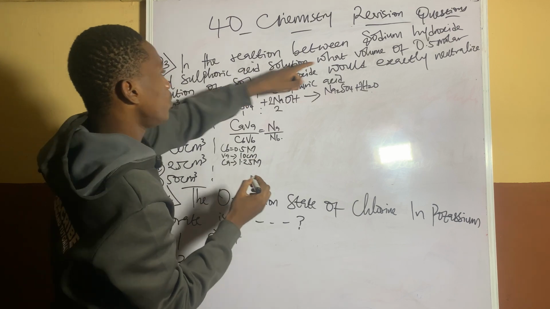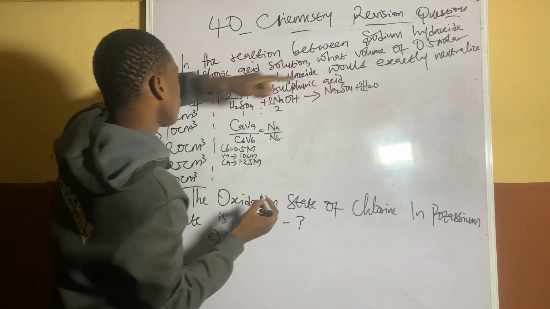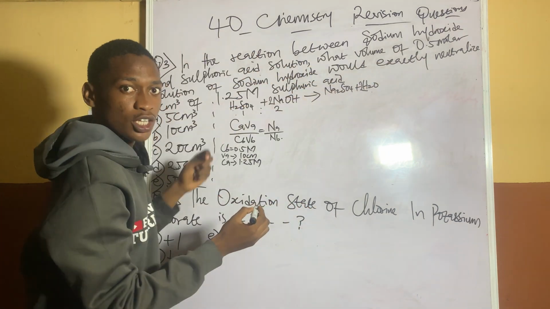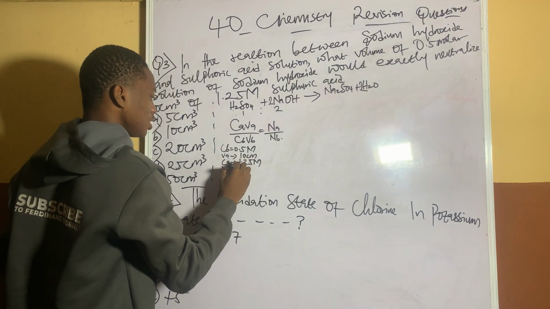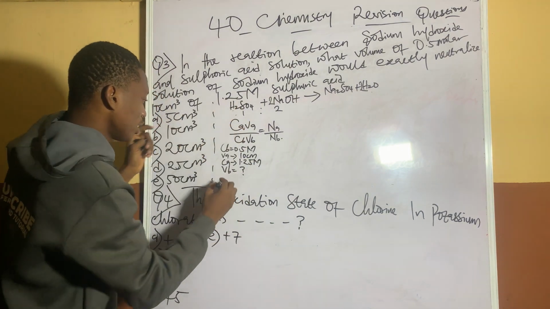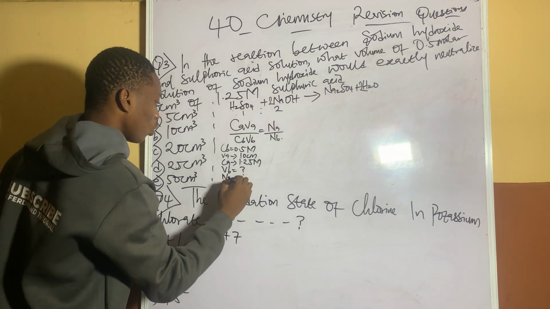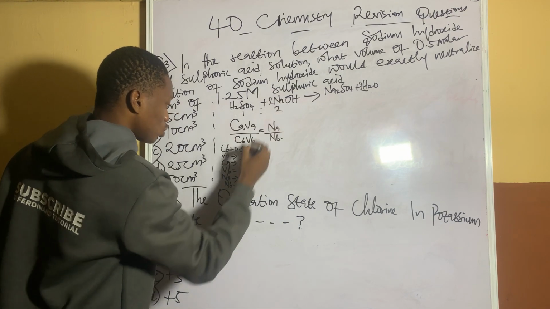But they didn't give us volume of base because that's what they asked us. They said what volume of 0.5 molar solution of sodium hydroxide. So they're asking us for volume of base, which is VB. So we say VB is equal to unknown. Remember I told you the number of acid is 1. NA is 1. NB will be 2.